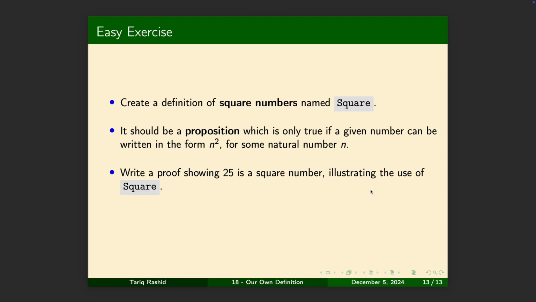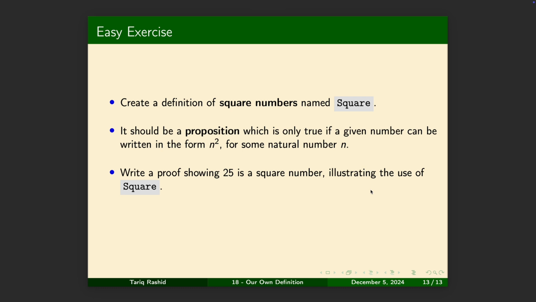So let's talk about a simple, easy exercise. We say easy, we don't mean to be patronizing. The idea is not to have difficult maths, so we can just focus on practicing Lean. So we've just created a definition of triangle numbers, and we had a quick look at a definition of triple as well. What we want to do here is write a definition of square numbers and call it square.